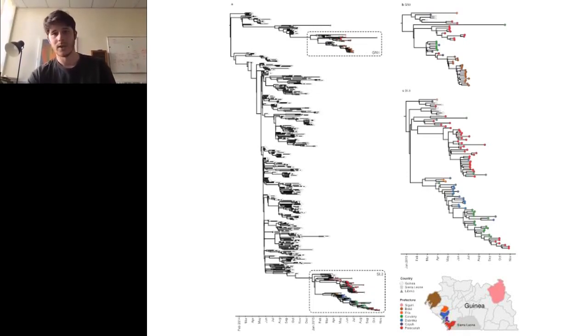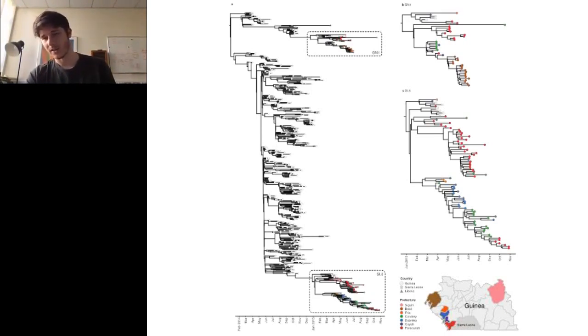The two boxes, the dotted boxes, illustrate the two clades that I talked about earlier, the two lineages which were circulating in the country, and then these are zoomed in versions of that, showing the evolution of those two lineages over time, and the color of the dot tells you which part of the country or which prefecture that sample came from.